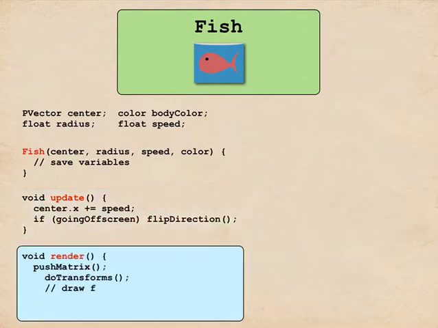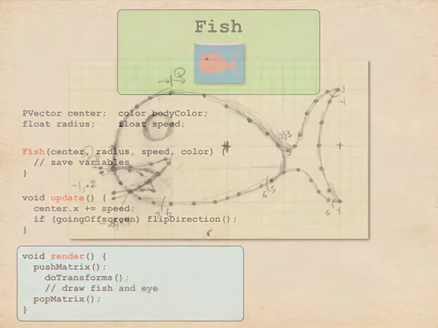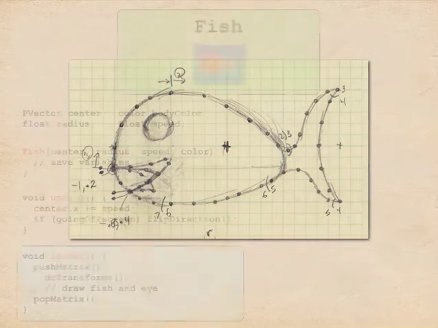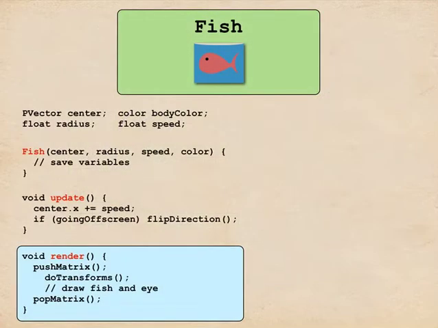Now we have the render routine. My default fish is centered at 0, 0, and it has a radius of 1. So all the x and y values are between -1 and 1. So to draw a fish on the screen at a nice big size, our first job is to translate to the right position and then scale so that the fish shows up at the size we want.